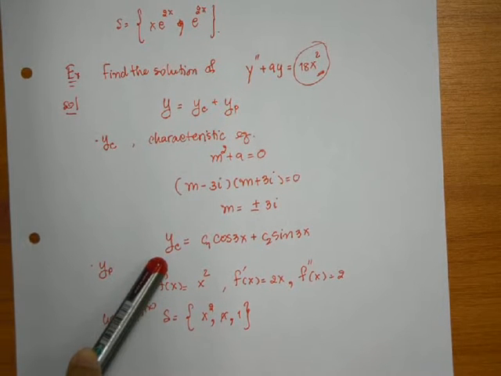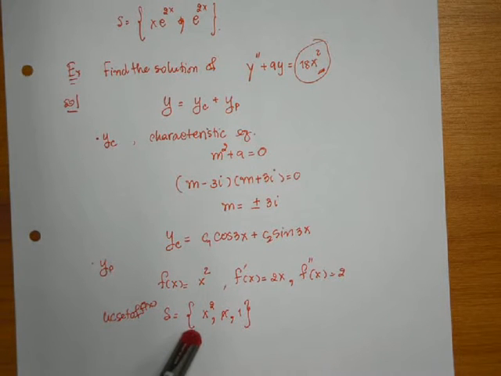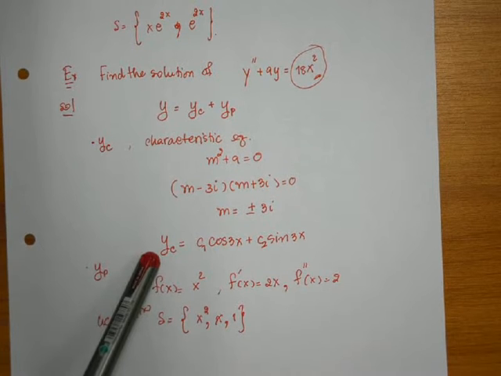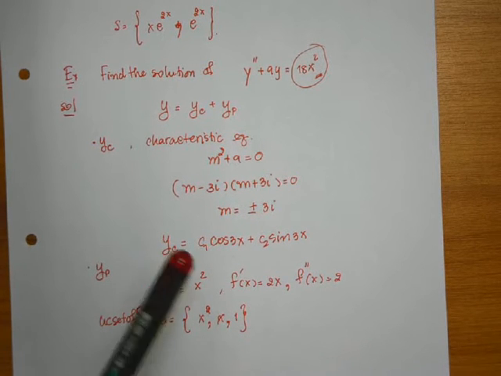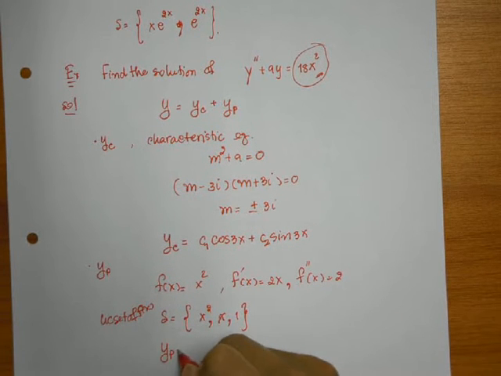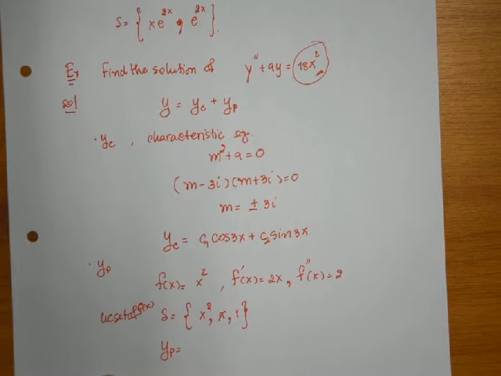Does any function in the UC set of f(x) match a function in yc? If no, we can assume that yp is a linear combination of these functions.